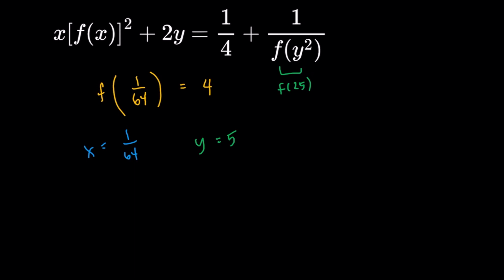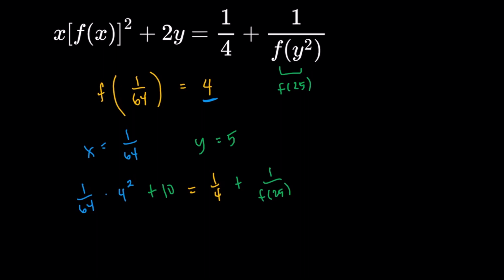So it's going to be 1 over 64 times the square of f of 1 over 64, but we know f of 1 over 64 is 4, so it's going to be times 4 squared, and then plus 2y, so that part becomes plus 10, and then equal to 1/4, and then plus another 1 over f of 25. Everything is just simplifying now.